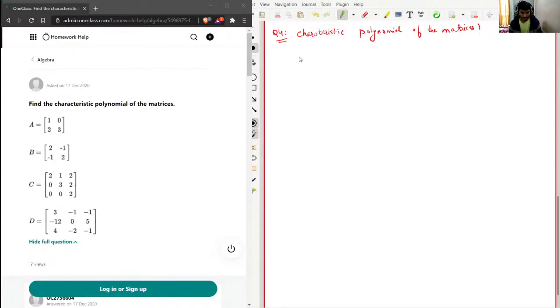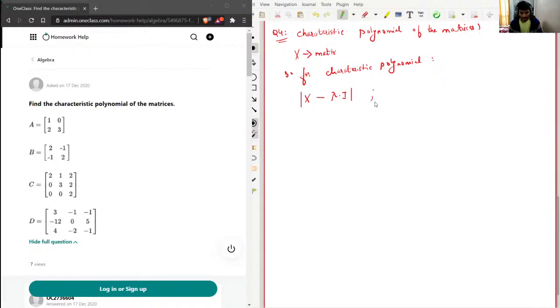we do is that, suppose I have a matrix, let's say X. X is a matrix. So for the characteristic polynomial, what we do is that we take the X matrix, we subtract it from the product of lambda times I, and we take the determinant of this.